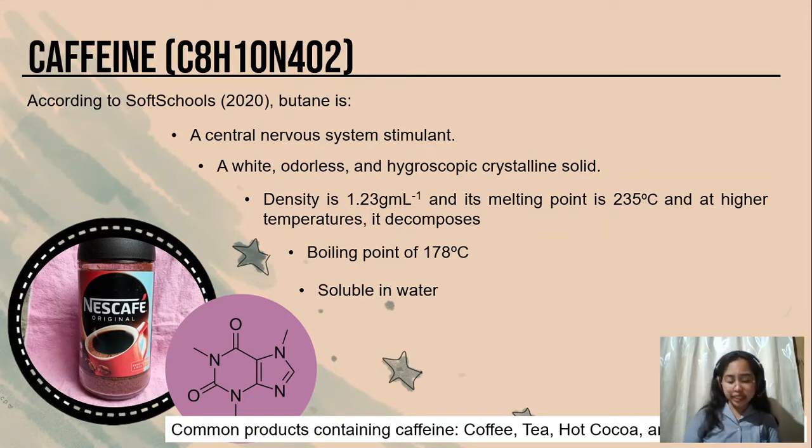So why does caffeine decompose at high temperature? Although caffeine sublimes, meaning solid to gas without turning into liquid, at roughly 178 degrees Celsius, model studies have shown that caffeine readily survives the roasting process even at temperatures far exceeding 200 degrees Celsius.